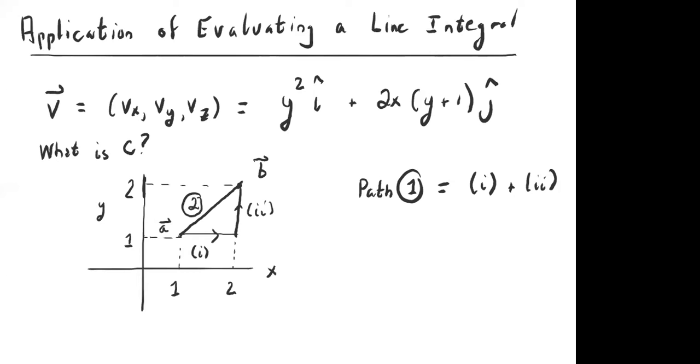That's path 1. Path 2 involves going straight from the vector B to the vector A. Remember, vectors are points.